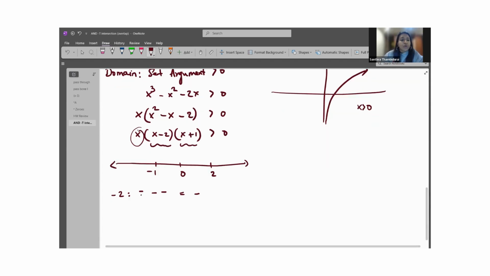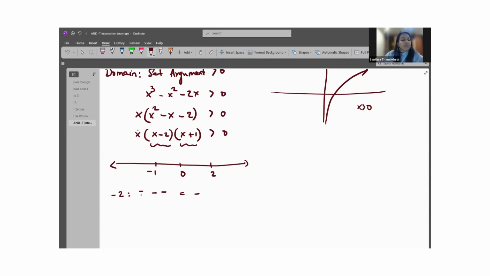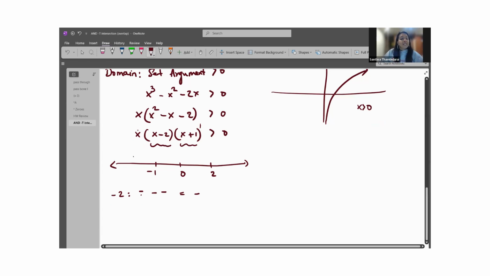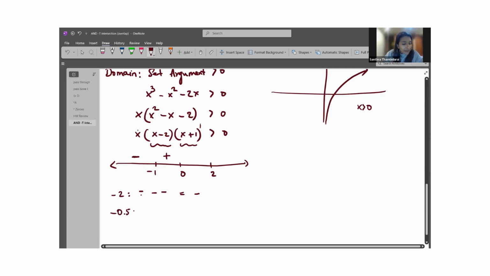Now, of course, you can use multiplicity to figure out how this goes. Here at x plus 1, at x equal to -1, the multiplicity is 1. So if this is a negative, it's going to pass through, which means this must be positive. But of course, you can plug in a value like -0.5 and check it, okay?